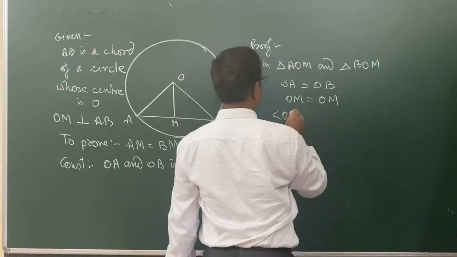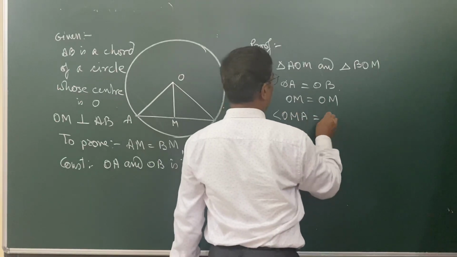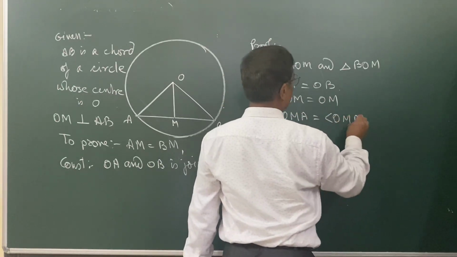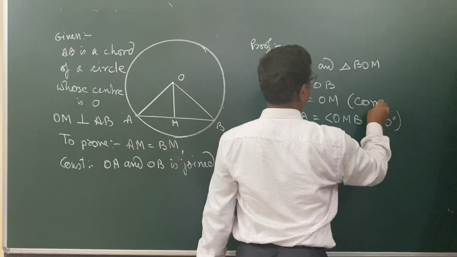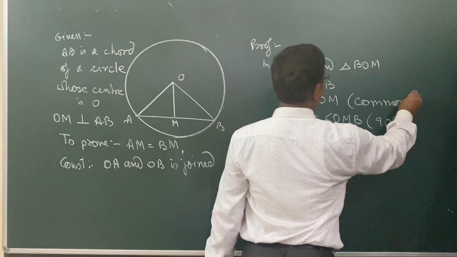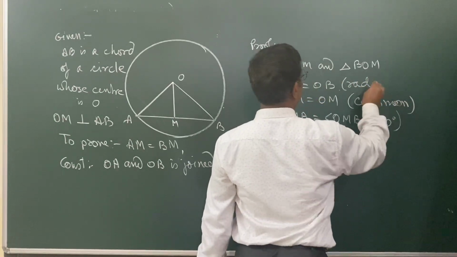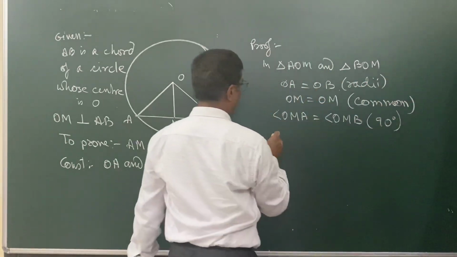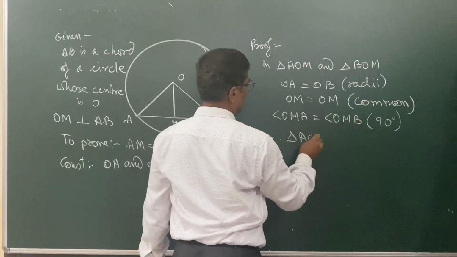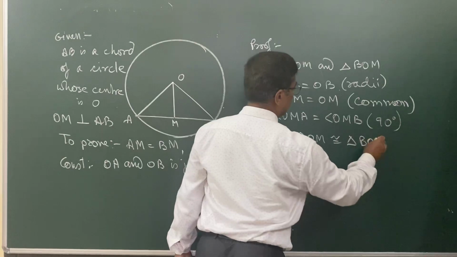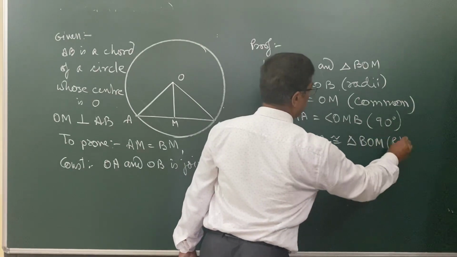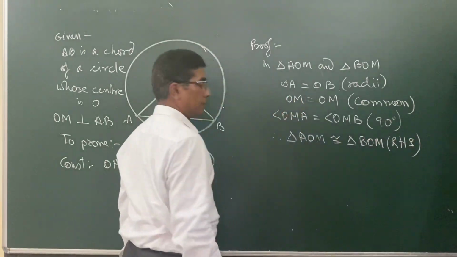And angle OMA is equal to angle OMB, they are 90 degrees. So therefore, triangle AOM is congruent to triangle BOM, by right angle, hypotenuse, side.